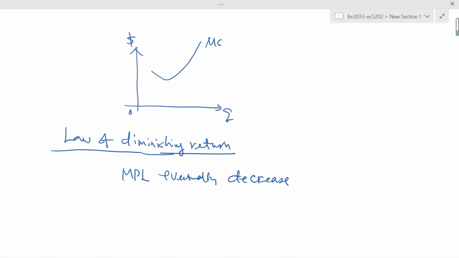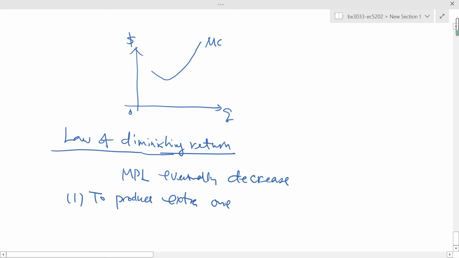Okay, why does the law of diminishing returns imply an increase in marginal cost? Let's reason this way. First, to produce one extra cup of coffee, suppose it's a coffee shop, I will need extra inputs.